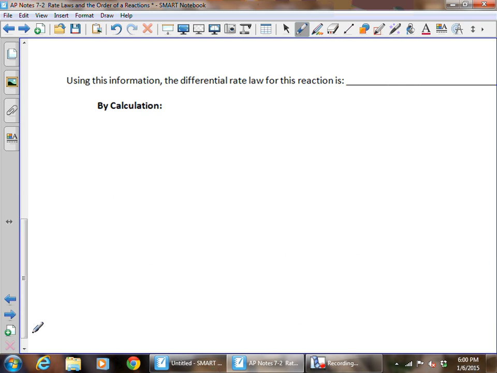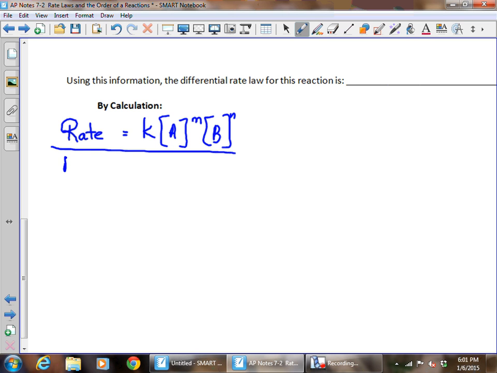So we're going to, in this case, use reactions 1 and 2 again, and you always want to put the bigger values on top, because that's going to make the calculation easier. So our bigger values were in our second reaction. So we're going to do rate equals K, concentration of A to the m, B to the n, and we're going to put that over the rate for the other reaction.